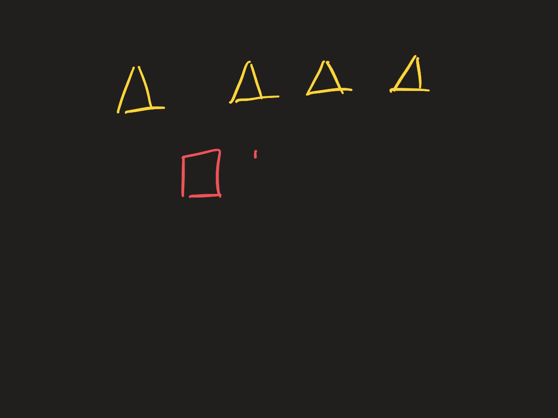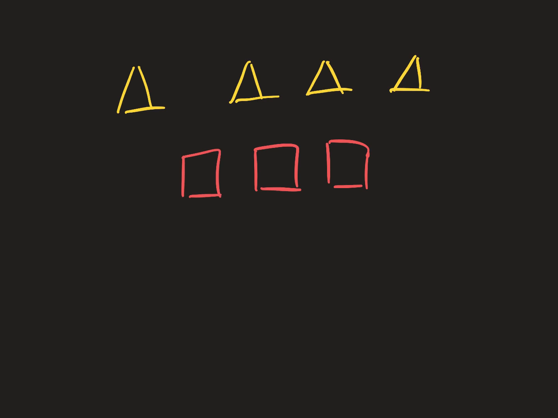Let's say that we have some triangles. Let's say we have 4 yellow triangles, and let's say we have 3 red blocks. So if the question is, what's the ratio of red squares to yellow triangles, whatever we say first, we have to write first.